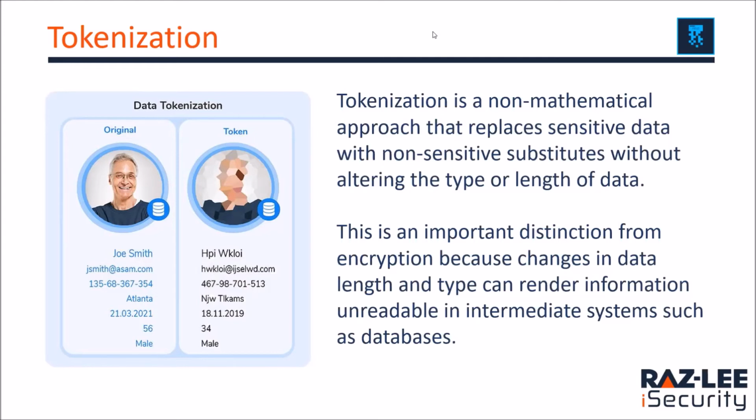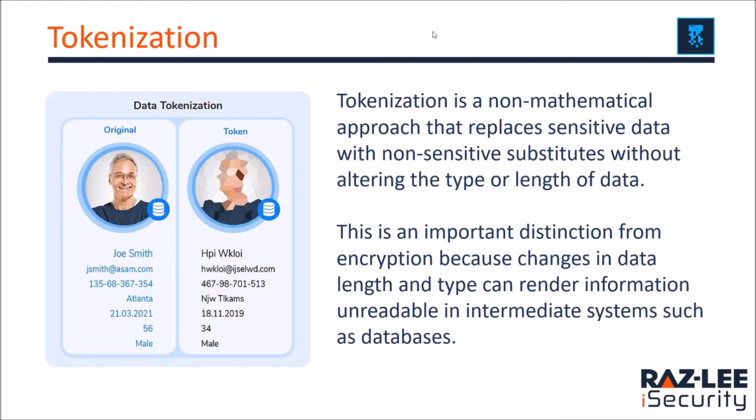So there is a little problem with normal encryption that probably after the encryption, some middleware will not understand the data. With tokenization, they will still understand the data and the kind of data that is shown.